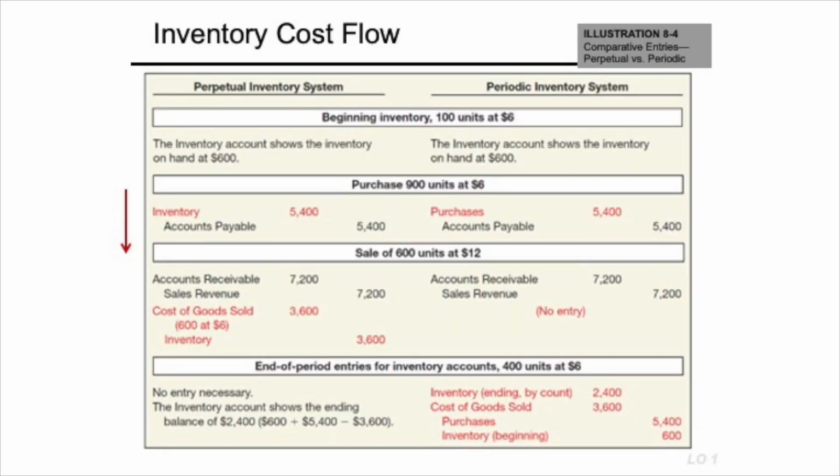Now, at the end of the period, we're going to count our inventory or use whatever our system is to tell us what our ending inventory is. We use that to record the following transaction where we debit inventory for $2,400. That's going to be our actual ending inventory amount. Now, you can combine this with our beginning inventory transaction or credit, which is in the same example here, but typically those are combined.